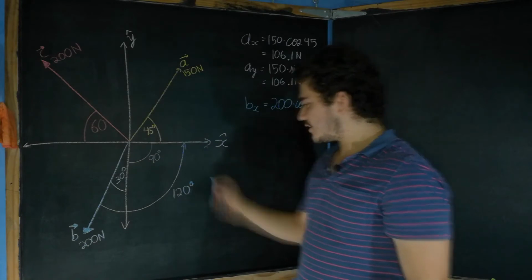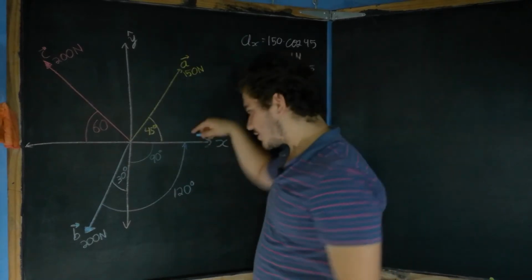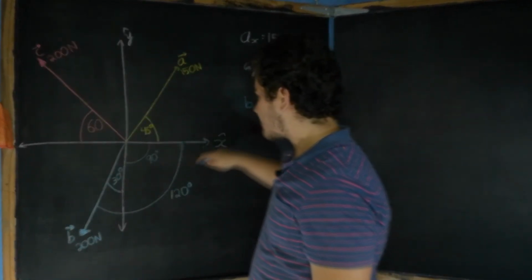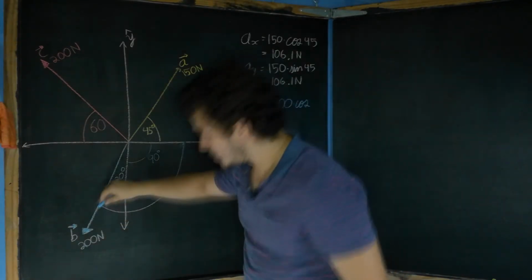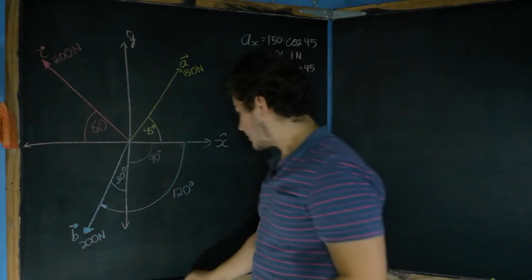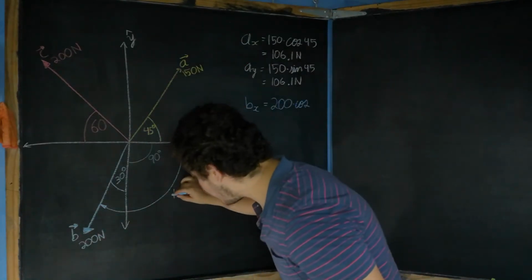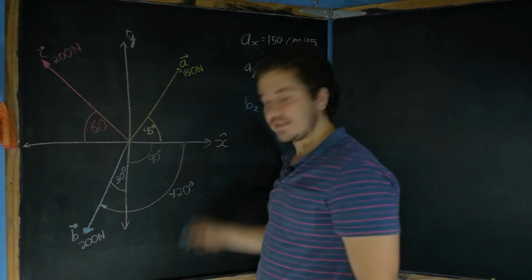You have to take into account that this direction of the angle, we're starting from the x-axis and going in a clockwise manner to our vector. This direction, we call it the negative direction of the angle. So this angle is actually minus 120 degrees.